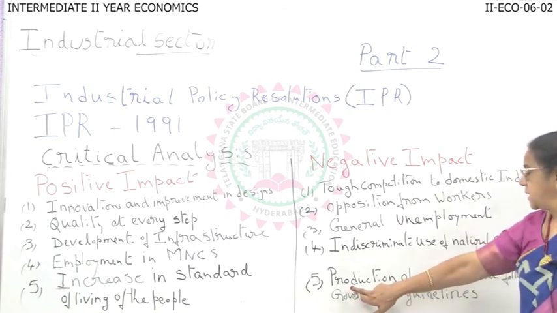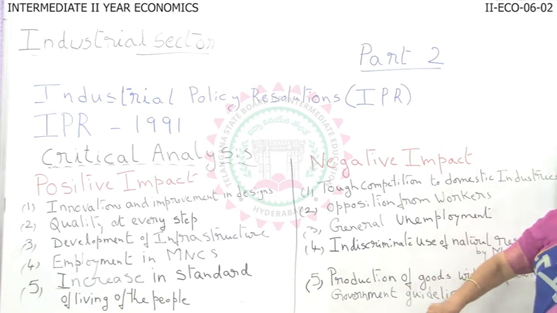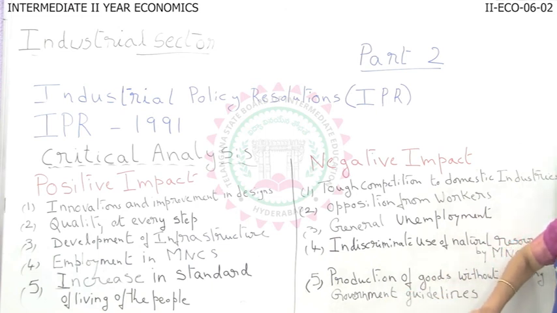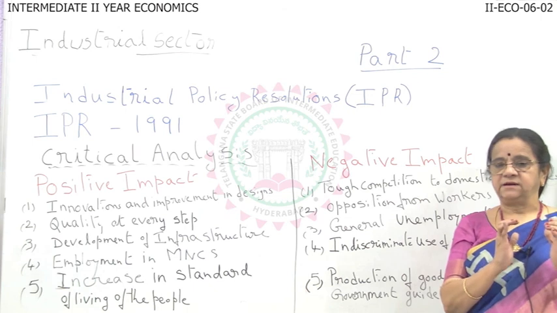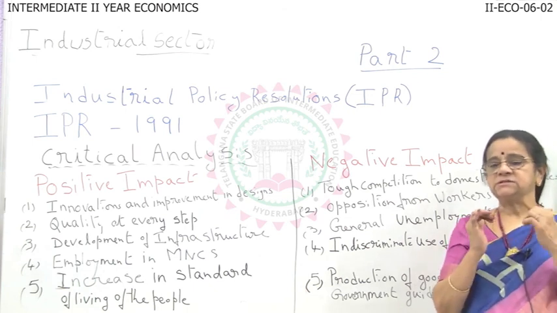Then, production of goods without following government guidelines. That is, there is distortion in production of goods. Whatever the government expected, the production of goods is not taking place along those lines.